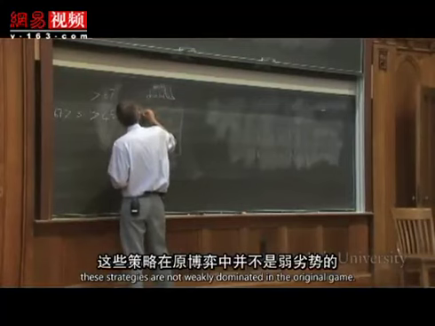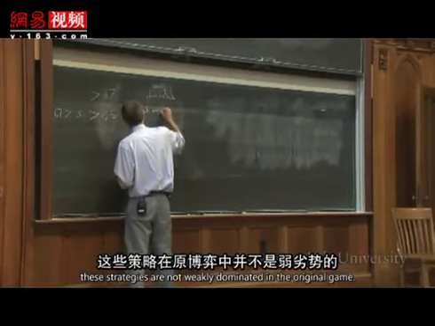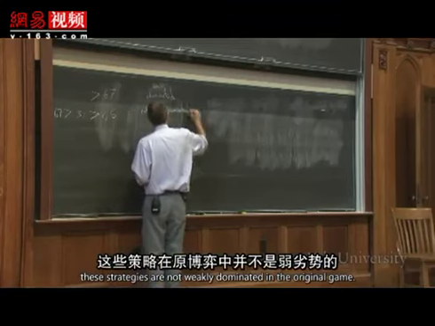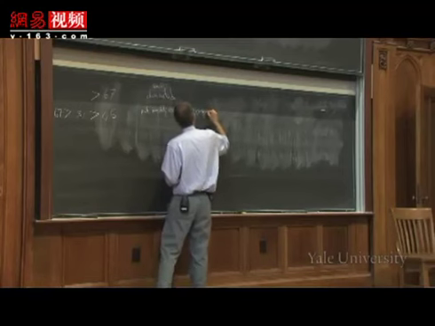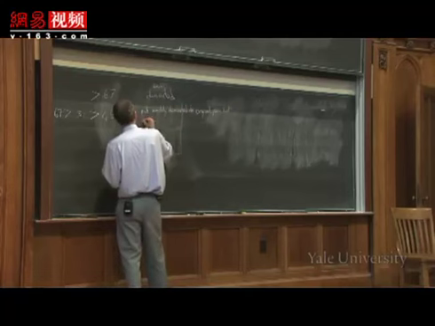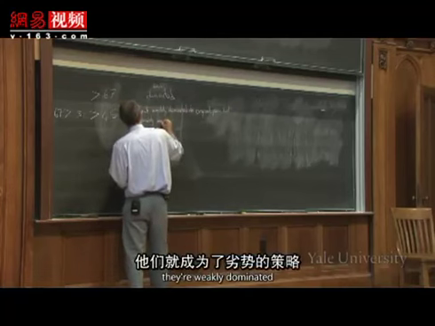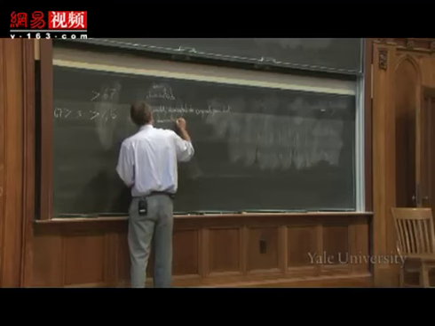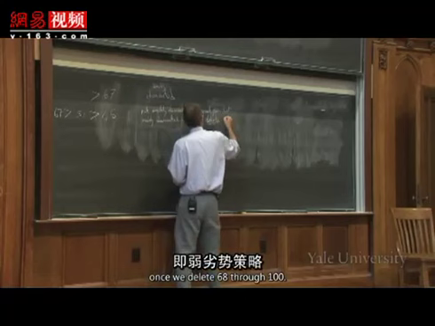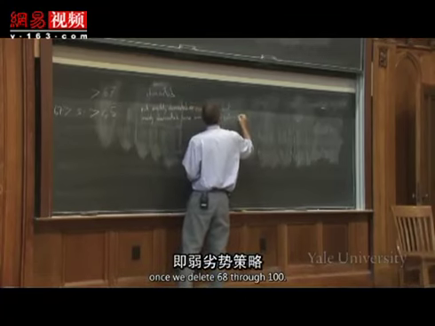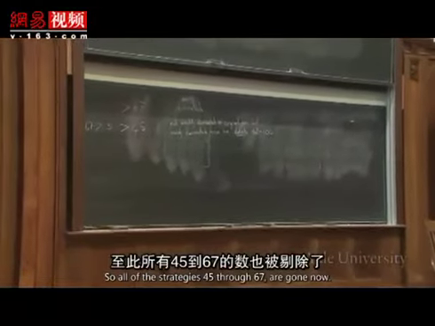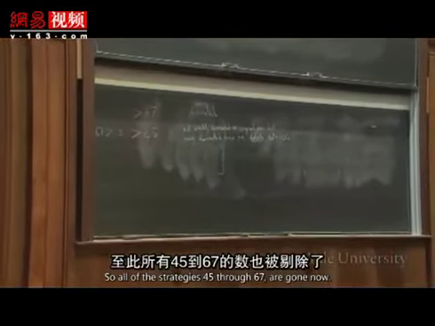These strategies are not weakly dominated in the original game, but they are weakly dominated once we delete 68 through 100. So all the strategies 45 through 67 are gone now.